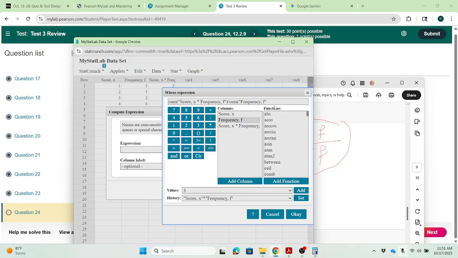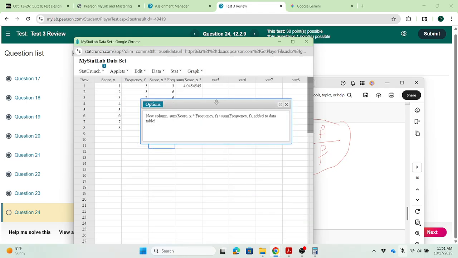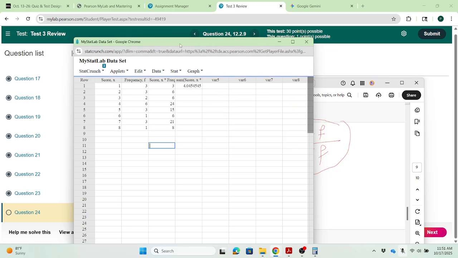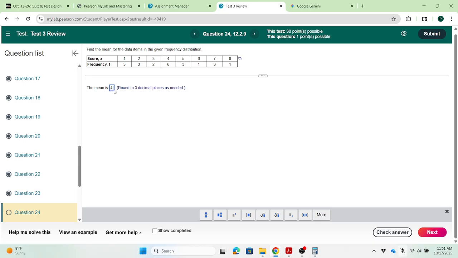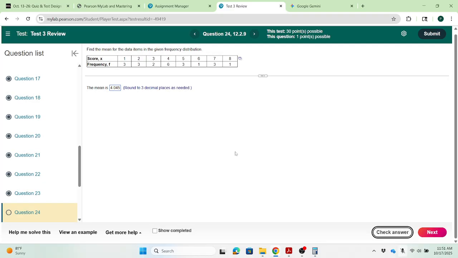Add the frequency column, close the parenthesis, and press OK, and it computes the value, which is 4.045. Rounded to three decimal places, it's 4.045. That's the mean.